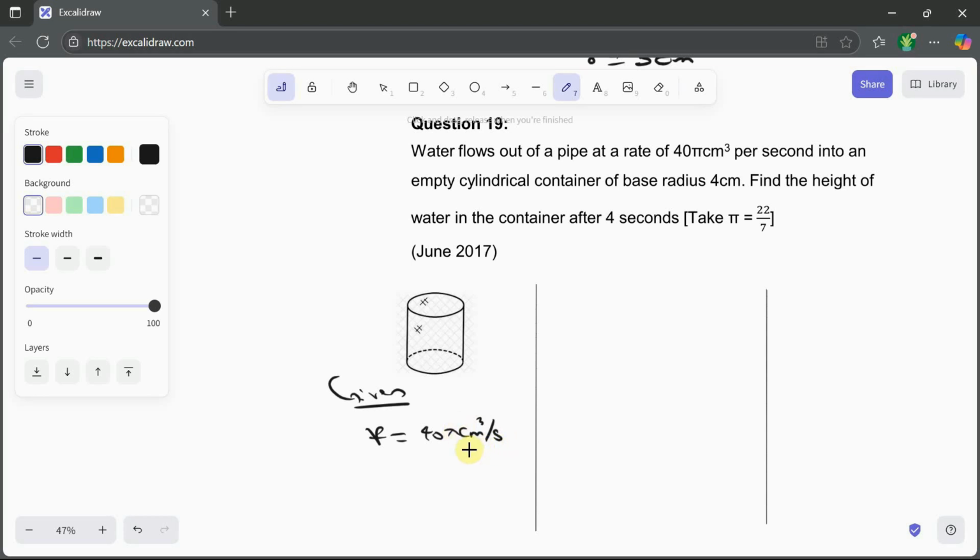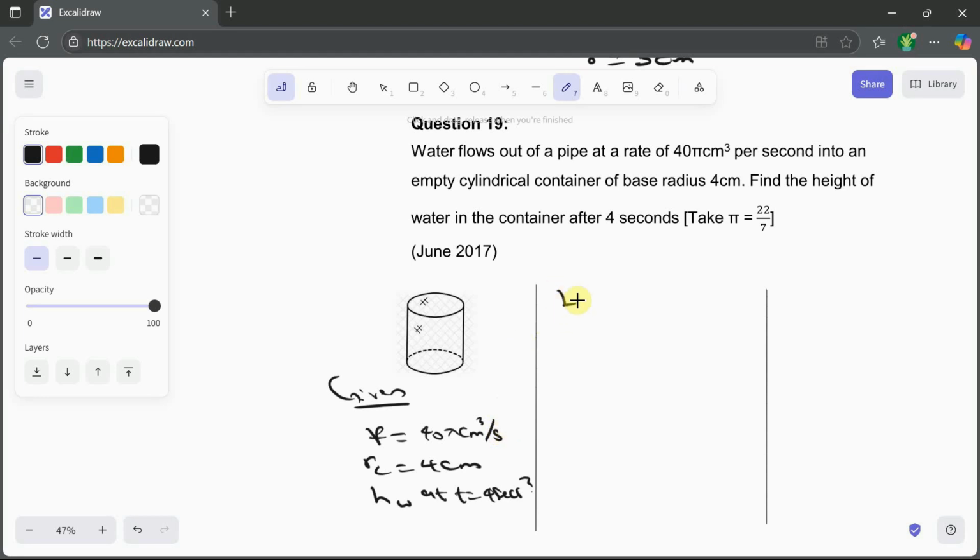The radius of the empty cylinder is 4 centimeters. We need to find the height of the water after 4 seconds, so t is equal to 4 seconds. This is unknown. Great. So we know the volume that goes out of the pipe per second.